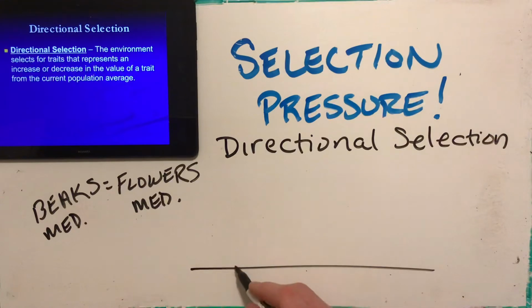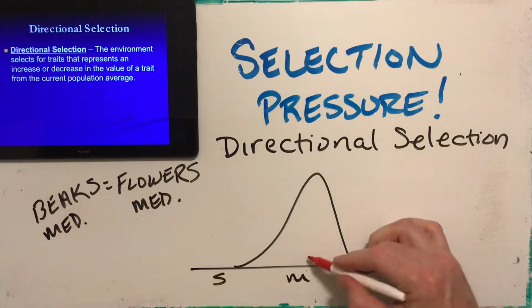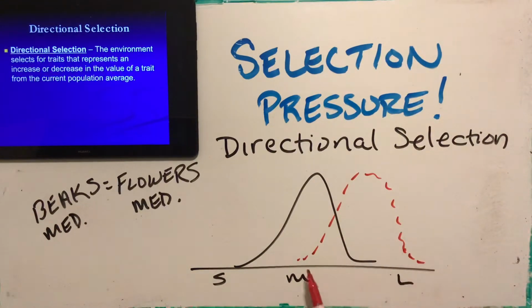So again, if this was our beaks, right, and this was medium, this was long, and this was short, a change in the overall length of the flowers, we'll see this become this. If the flowers got longer, our population becomes this. Beaks stop being medium and they start shifting towards medium and longer, right?